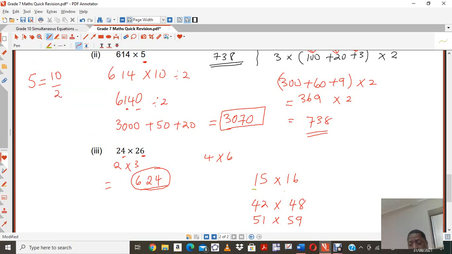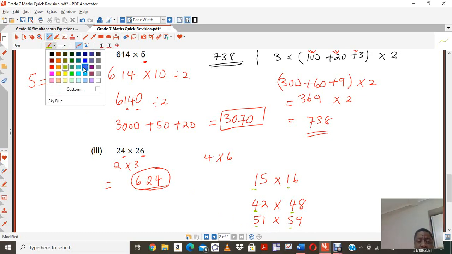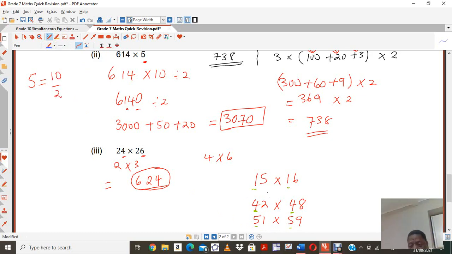First, the first digits here are both the same. These are tens, these are the same, you can see, fours, these are fives. That's the first condition. The next thing I want you to realize is that the last two digits, this one here and this one here, add up to 10. This one here and this one here add up to 10.